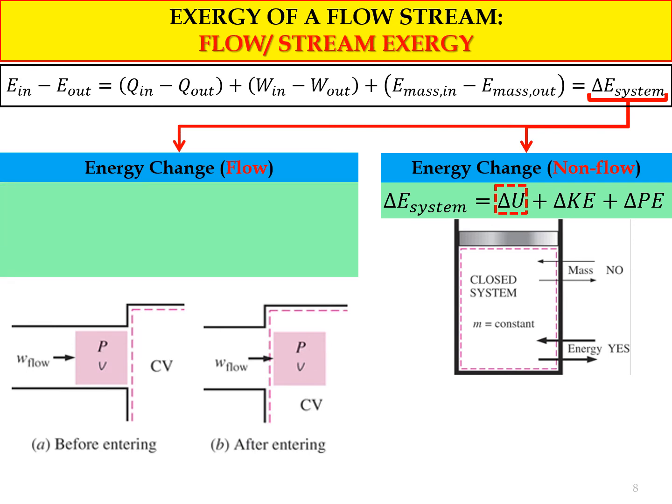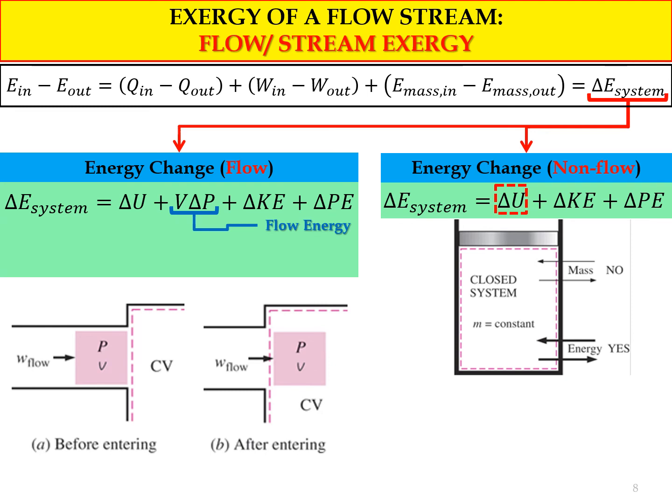So we need to consider the mass in and out. In this case, we should include the energy change of the system equal to delta U plus V delta P plus kinetic energy and also potential energy. Here V delta P is the flow energy from the flow rate. So as we all know, delta U plus V delta P is equal to delta H, which is the enthalpy of the system.